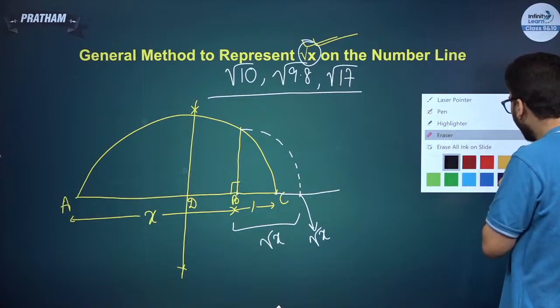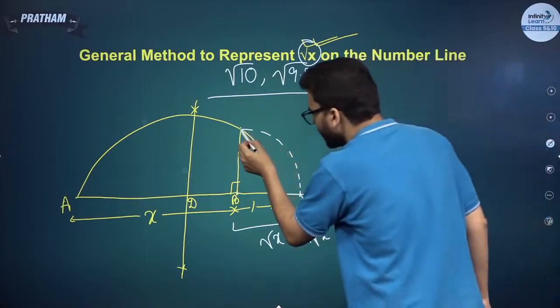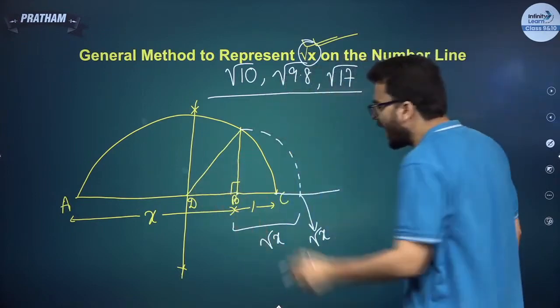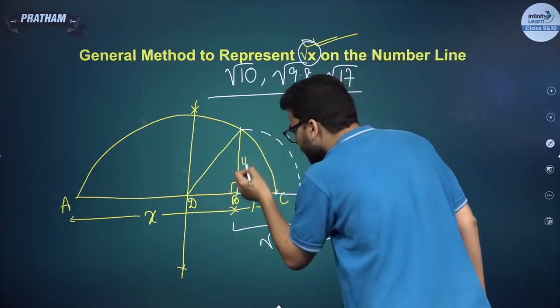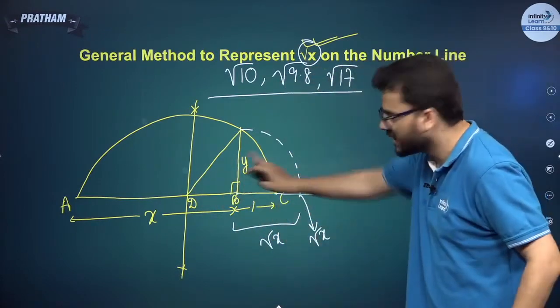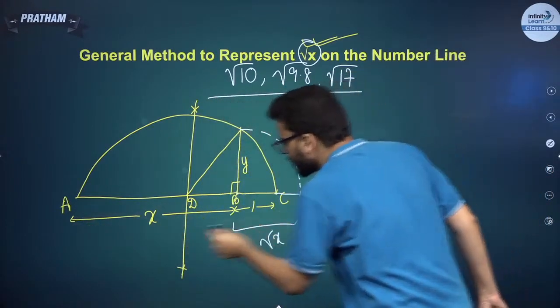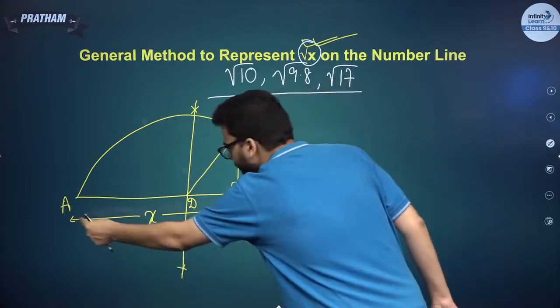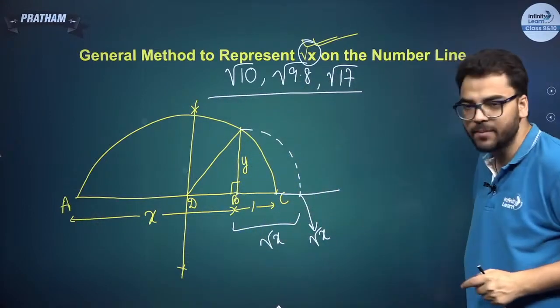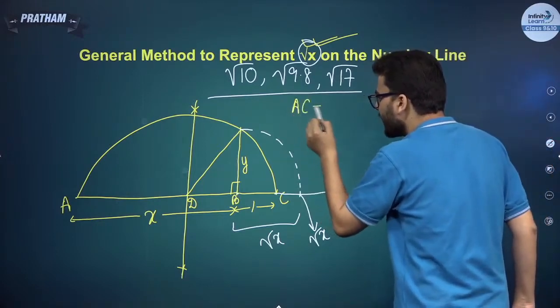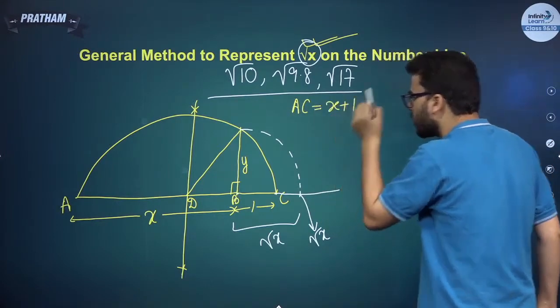So for that, what I will do over here is I will join this. I have to find this. Suppose this thing is y. Now you see over here, AC is the diameter of the semicircle or not. See it very patiently. AC is the diameter of the semicircle. And AC is equal to x plus 1 or not.